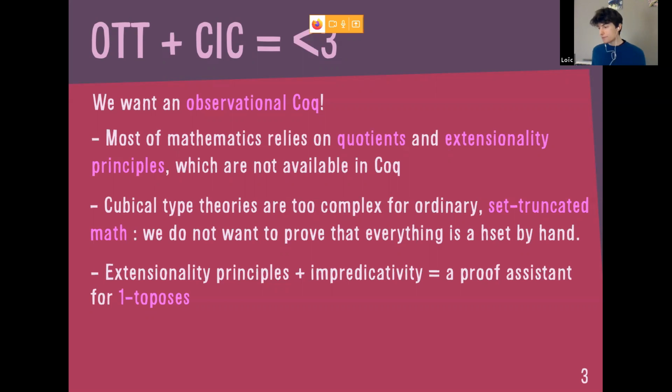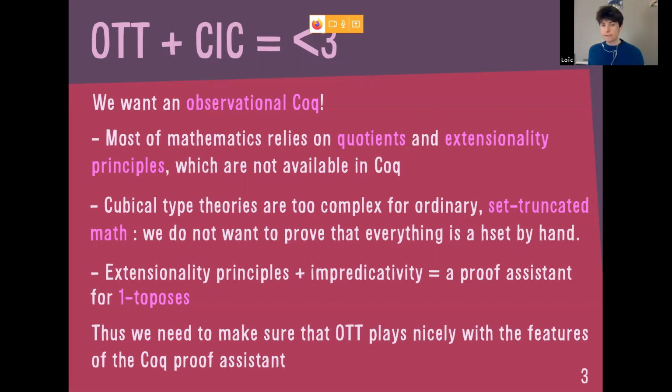Thus, a mixture of the calculus of inductive constructions and observational type theory could be a good candidate for an internal language for toposes, which would come in very handy when one wants to formally prove a result that takes place in toposes. Thus, we need to make sure that observational type theory plays nicely with the features of the Coq proof assistant.